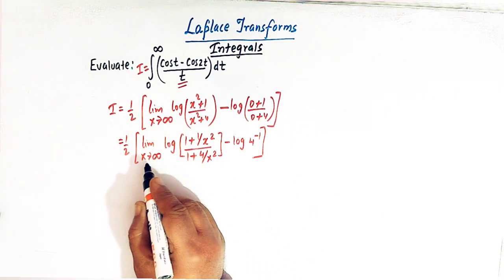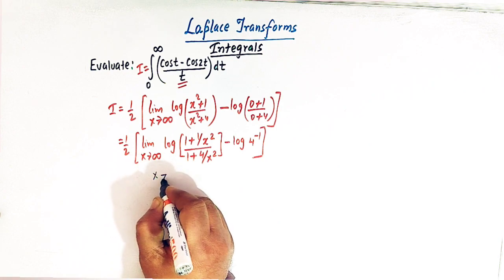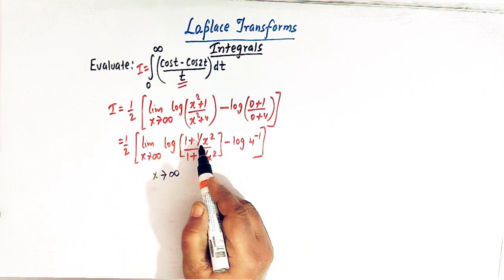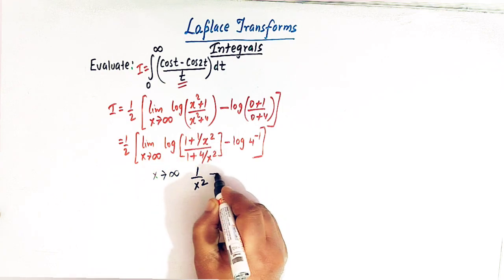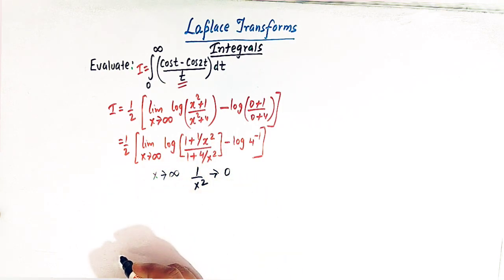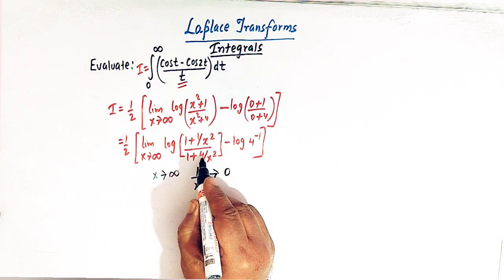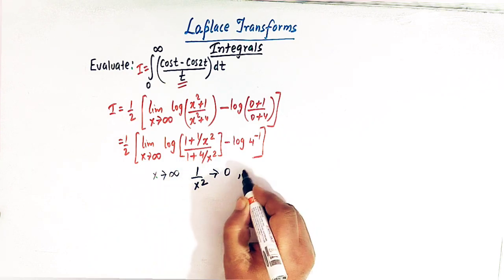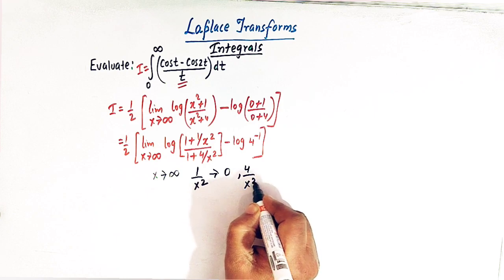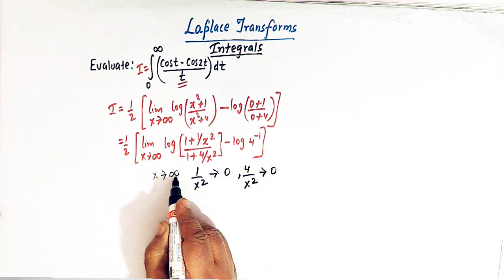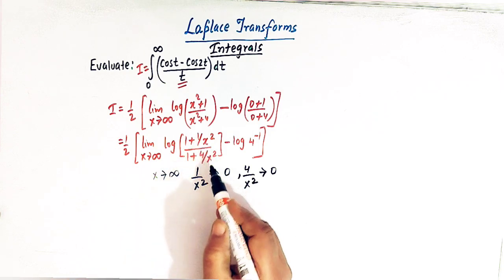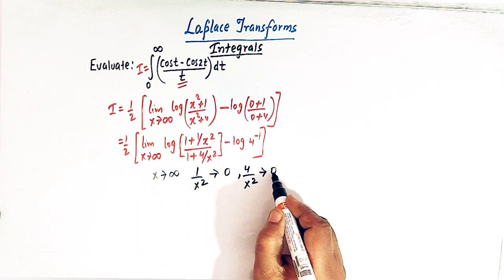So now when x tends to infinity, it implies that 1 over x square tends to 0, right? And similar is the case with 4 over x square, which also tends to 0, right? So when x tends to infinity, then 1 over x square and 4 over x square tend to 0.